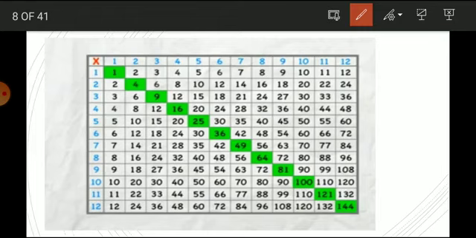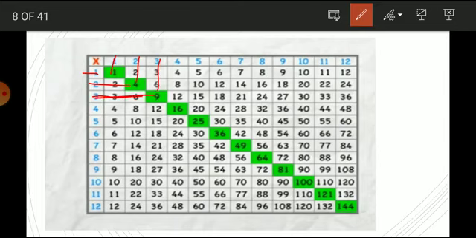Here 1 one is 1, 1 two is 2, 1 three is 3, 1 four is 4, 1 five is 5, like this. Using this, we can multiply any number with itself, which is called a square number. Here 1 one is 1, 2 twos are 4, 3 threes are 9.